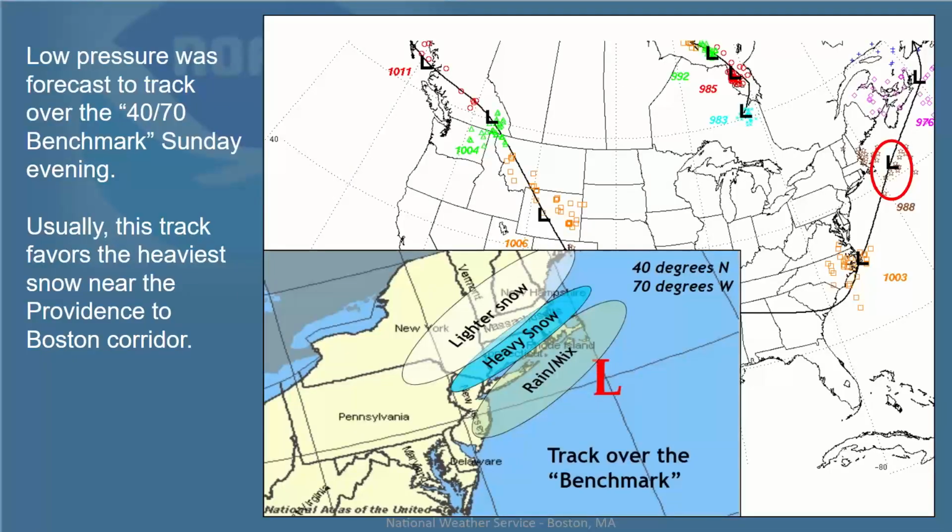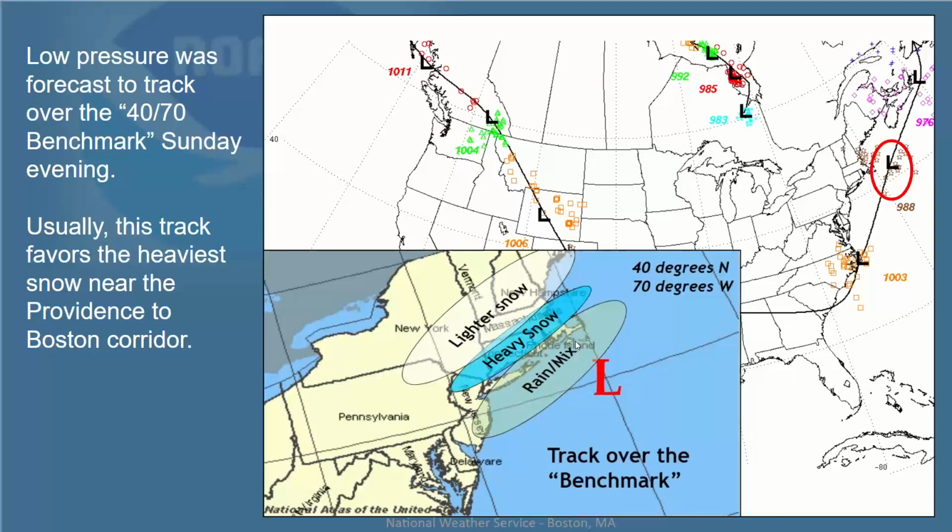So the low pressure system, when we call the benchmark track, it's basically where you see those two lines cross south of Nantucket there. And that is an ideal track for heavy snow in the Boston to Providence corridor, with lighter snow off to the northwest, and then maybe some mixing issues across the Cape and Islands.